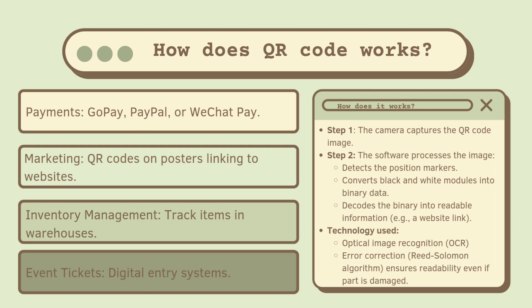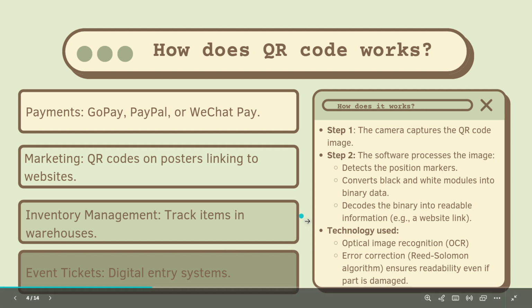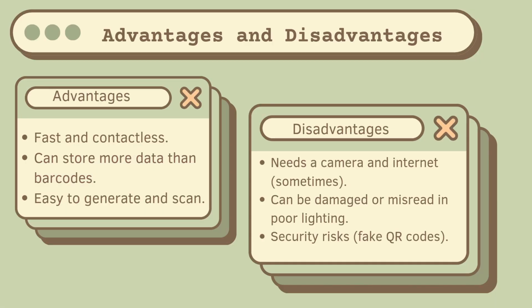So, what are examples of QR codes? They're used in payment, marketing to share flyers and your products, inventory management so you can track items in the warehouse, and even tickets. There are advantages and disadvantages of QR codes. The first is that they are fast and contactless.